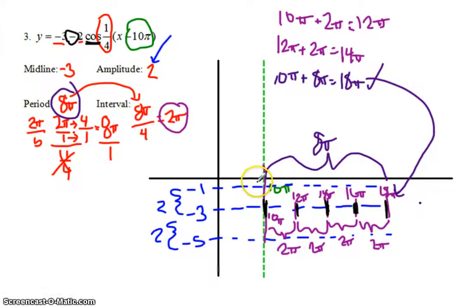But since it is a negative, I'm going to start at my minimum, at my lowest point, and it's going to be at my first interval, lined up with my black line. It's my first dot. Then I go to my midline, which is on my interval. Then I go up to my high point, in line with my interval. Then I'm going to go back to my midline, and then back to the lowest, but make sure that it's on my minimum and in line with my interval. In case you can't see these dots, put them right here.